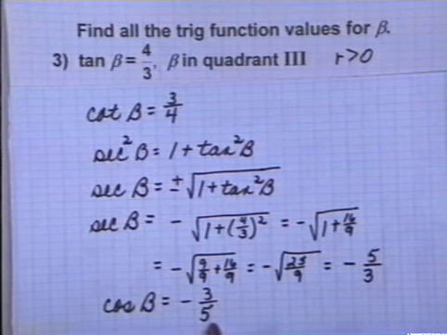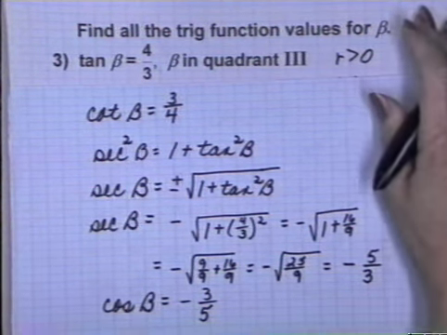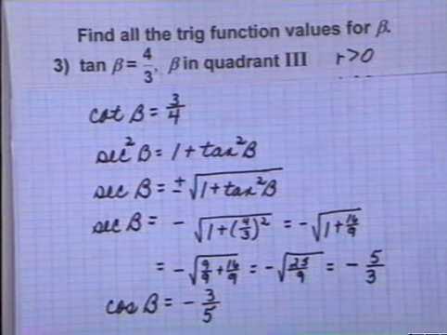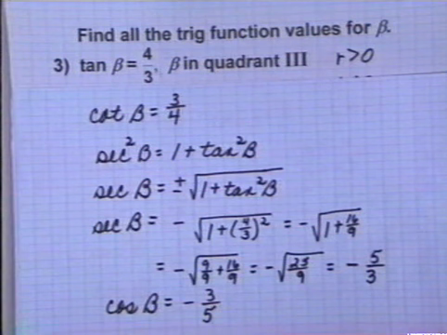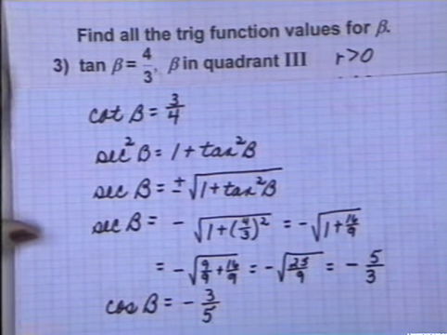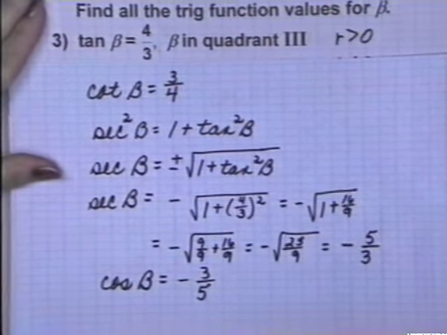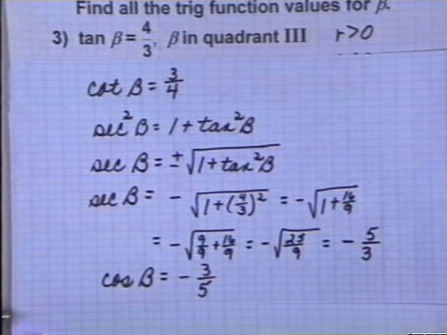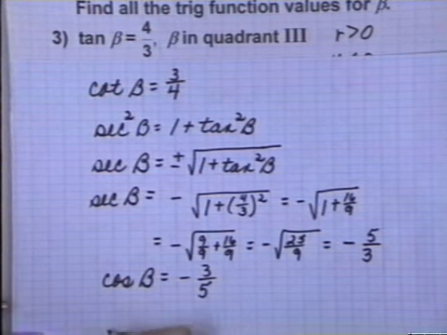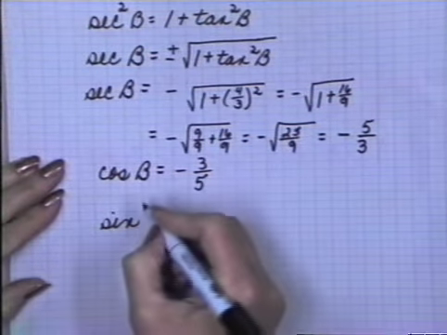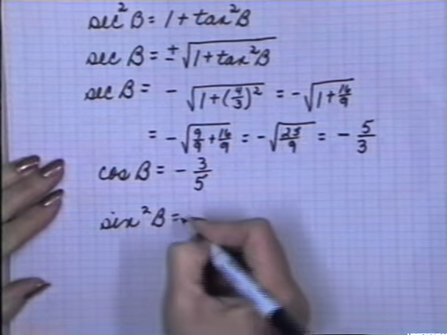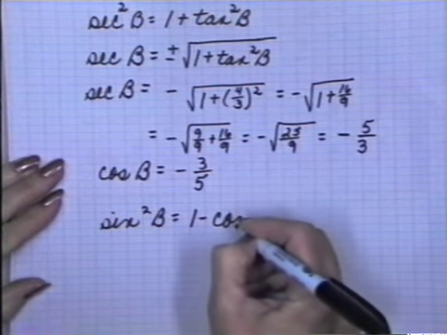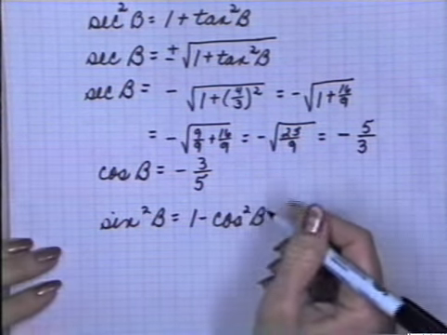I'm going to choose to find the sine using its Pythagorean identity, because you tend to work with sines and cosines more than you do with cotangents and cosecants. I will start off with the fact that sine squared beta equals 1 minus cosine squared beta.